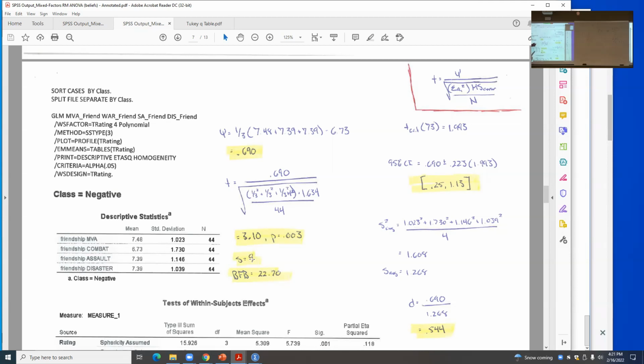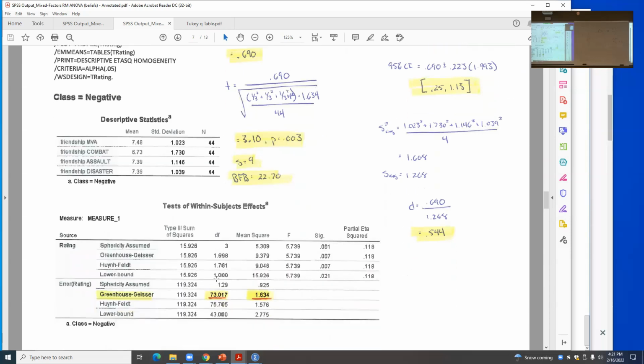If we then take that and drop that into my formula for my contrast, I've got 1/3 squared plus 1/3 squared plus 1/3 squared plus 1 squared times, here we need a mean squared error. This is why we ran the one-way repeated measures ANOVA, because we're going to take the mean squared error from that ANOVA.